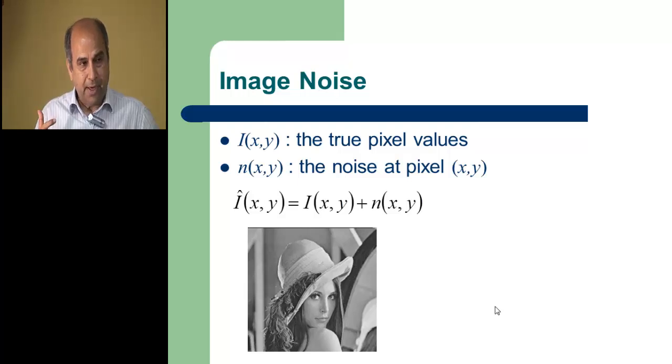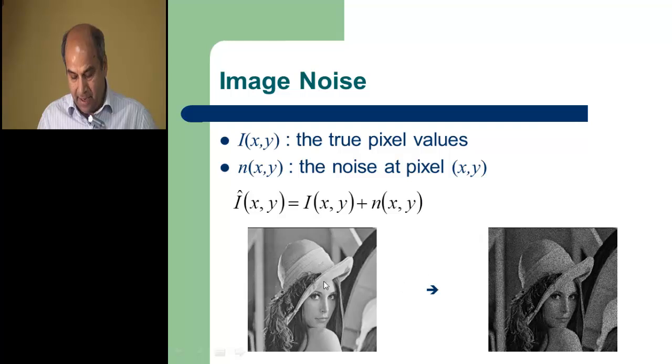So the actual image value I(x,y), there will be some noise added randomly, and what we will observe will be I hat (x,y).